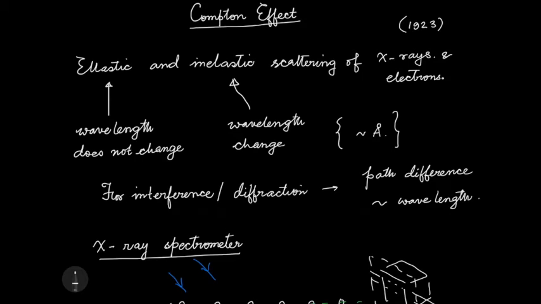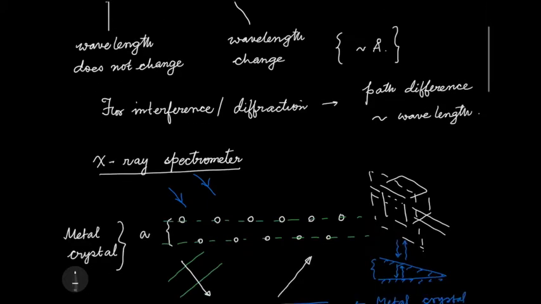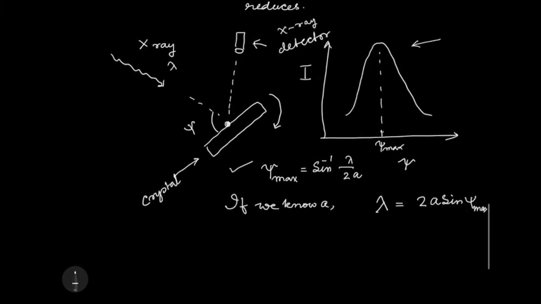So first he will measure the wavelength of the X-ray directly, and then he will use some other target to scatter off, and then measure the wavelength of that scattered X-ray. Okay, so for that he used a setup, and first let us discuss the setup, so it will be clear what he is measuring, and then we'll see what his observation was.